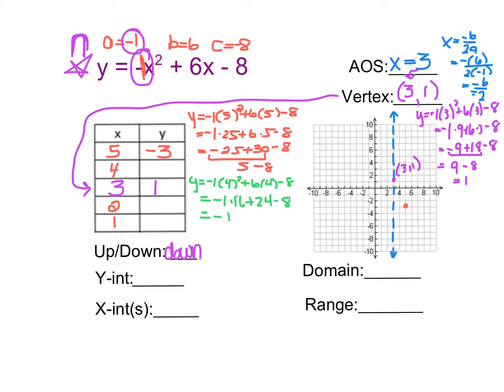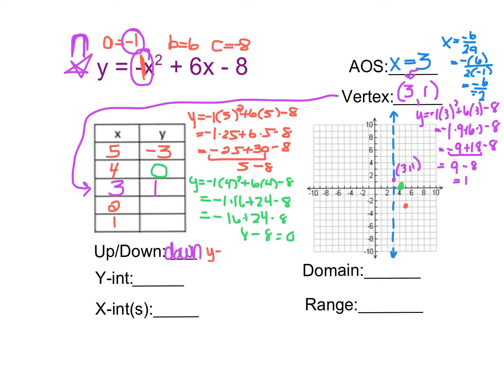So I end up with negative 16 plus 24 minus 8, which becomes 8 minus 8, which is 0. So here we have when x is 4, y is 0. And I can go to my graph and plot that point there. And then I calculate my next point.